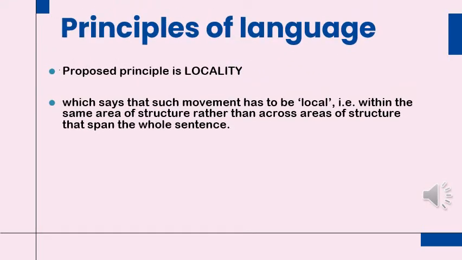For the principles of language, the proposed principle is locality. It says that such movement has to be local, such as within the same area of structure, rather than across areas of structure that span the whole sentence.